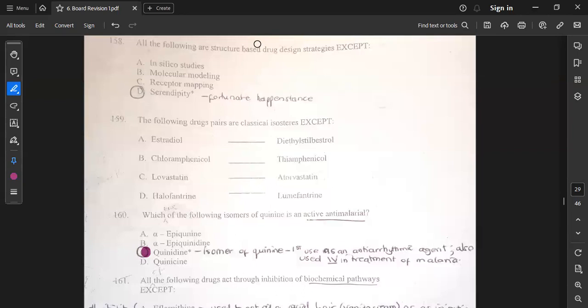Those that will kill at the liver stage are atovaquone and primaquine. Those that will kill in the blood stage, that is the schizonticidal drugs, are artemisinins, antifolates, antibiotics, quinolones, and primaquine.